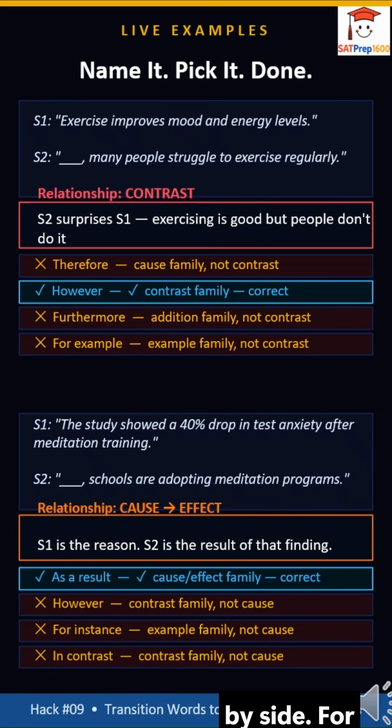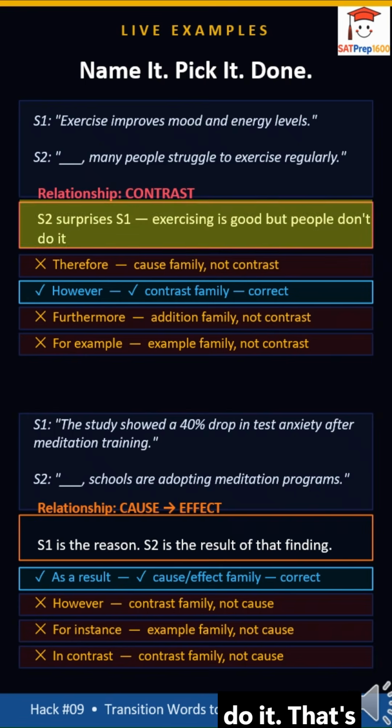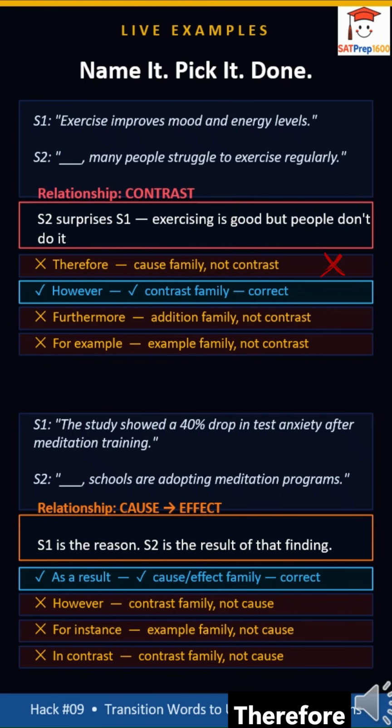2 examples side by side. Example 1. Exercise improves mood and energy. Blank, many people struggle to exercise regularly. S2 surprises S1. Exercising is good, but people don't do it. That's contrast. Therefore, wrong family. Furthermore, wrong family. For example, wrong family. However, contrast family. Answer, however.